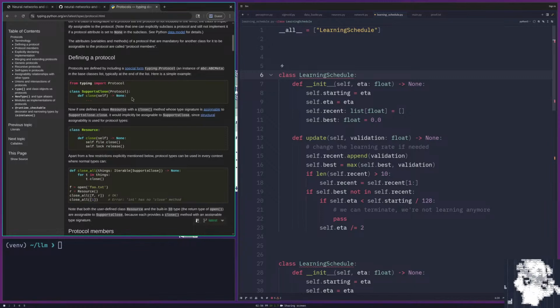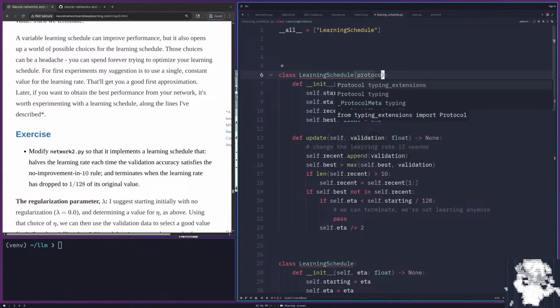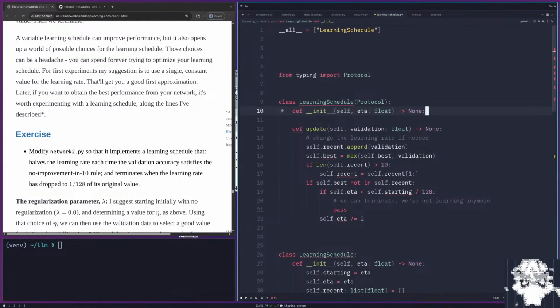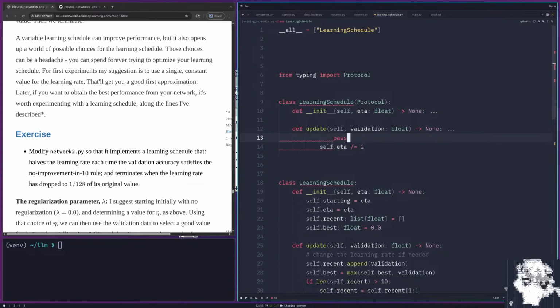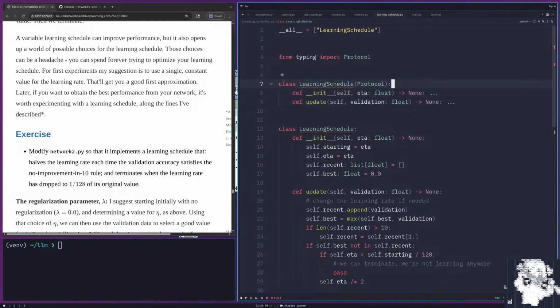Use subclass protocol. Okay, so learning schedule is a protocol. That looks like this. Let's call this decay learning.